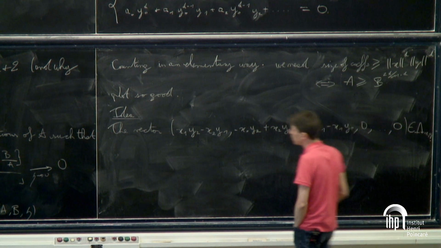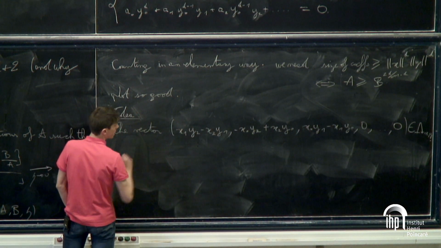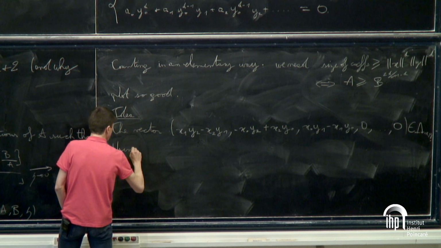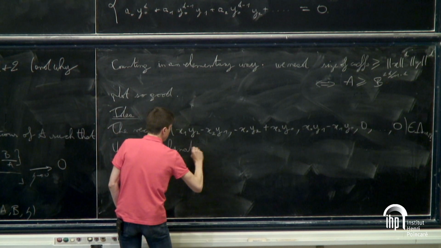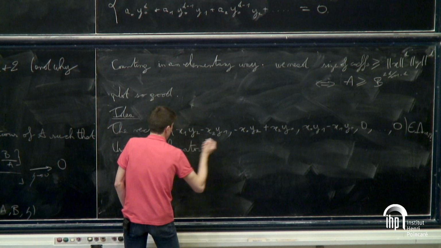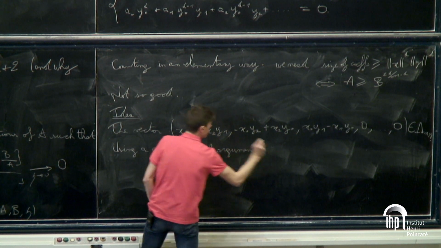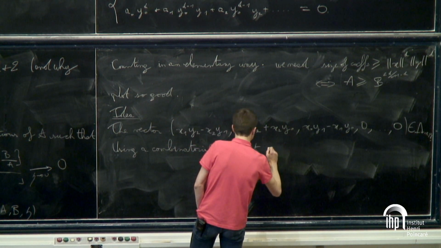So, using that kind of argument, let's say a combinatorial argument, so it's a purely algebraic thing, we can exhibit many such vectors which are linearly independent.